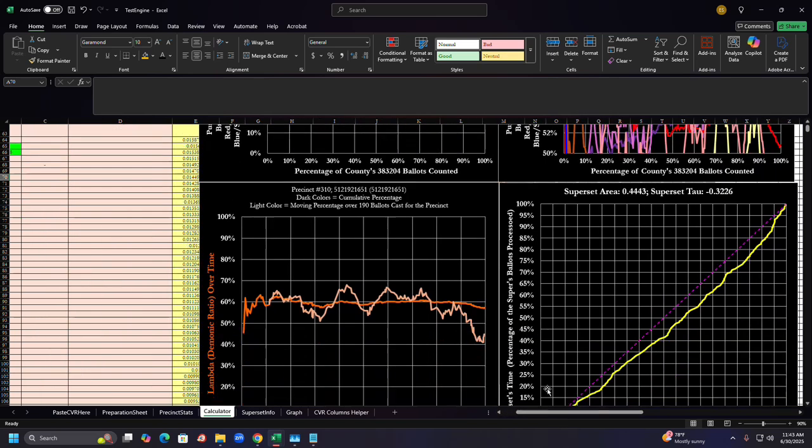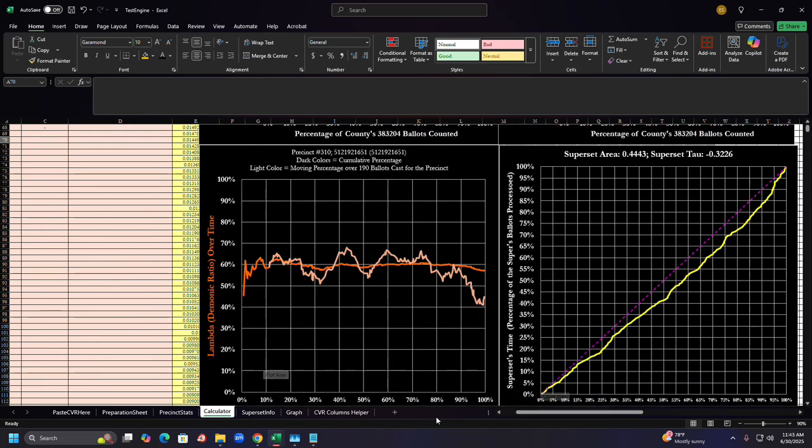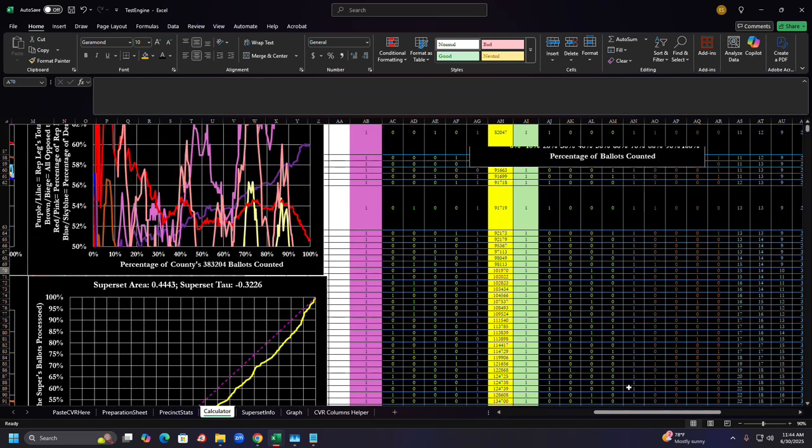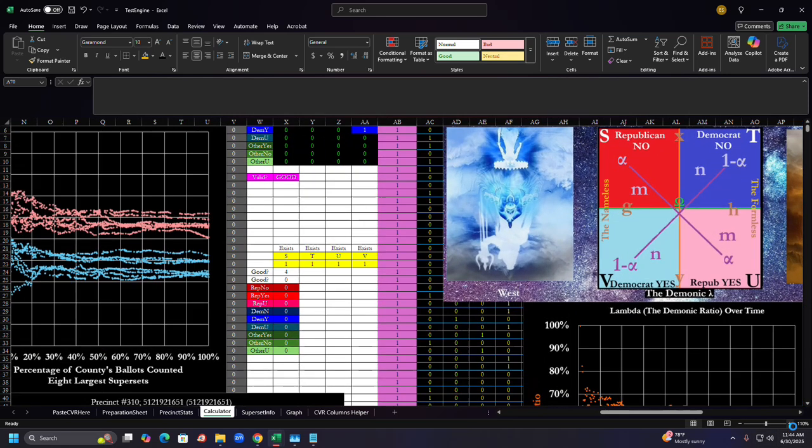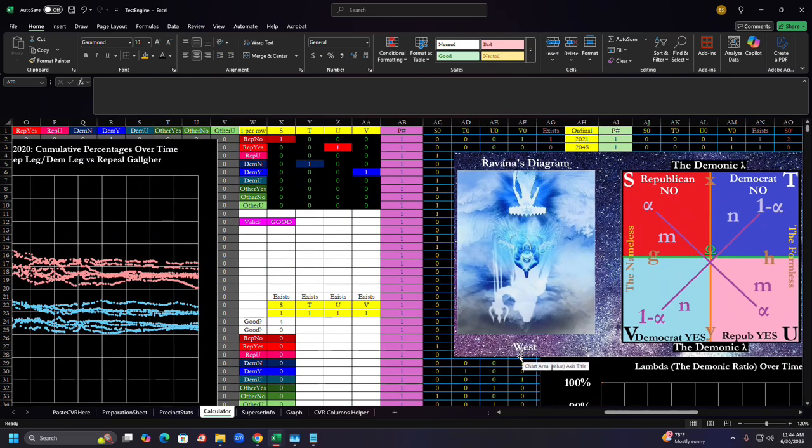Now for this ratio called orange, the demonic ratio, you have to understand this is where things get a little intense, and you can stop the video here if you want. You don't have to know anything more than what I've showed you.